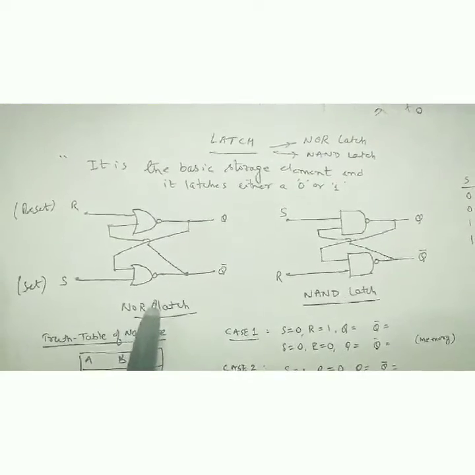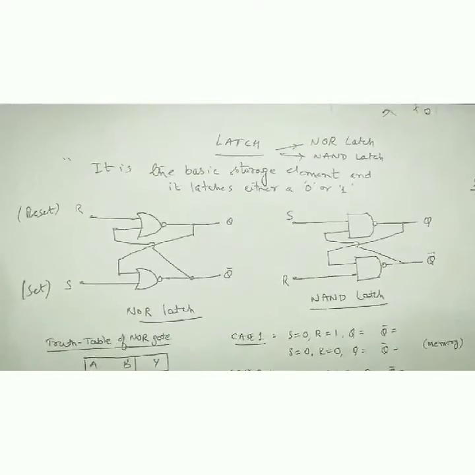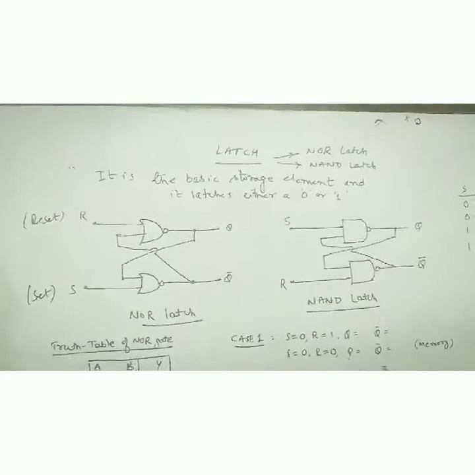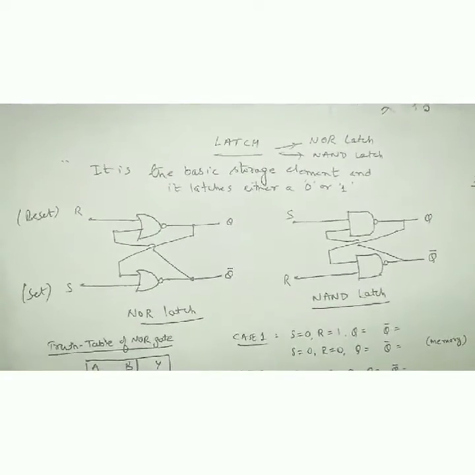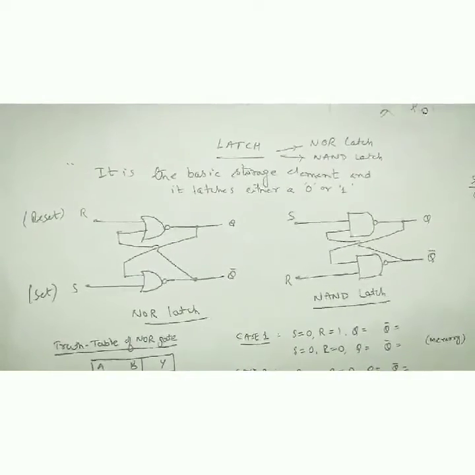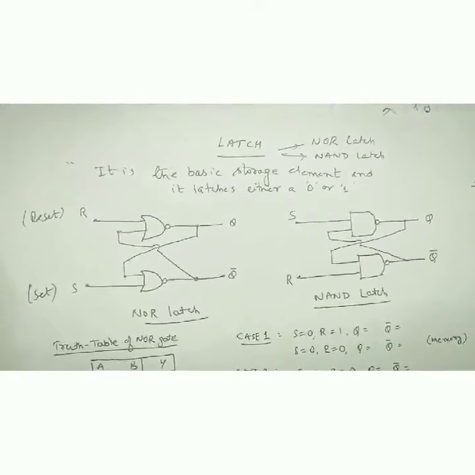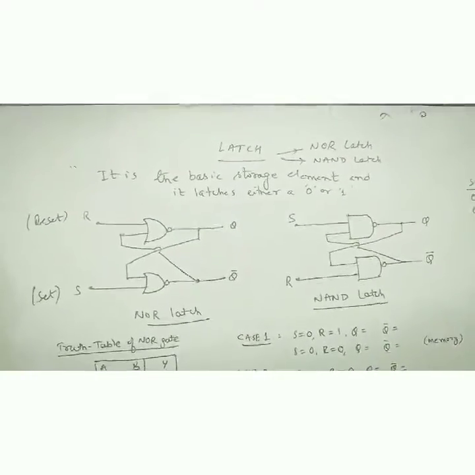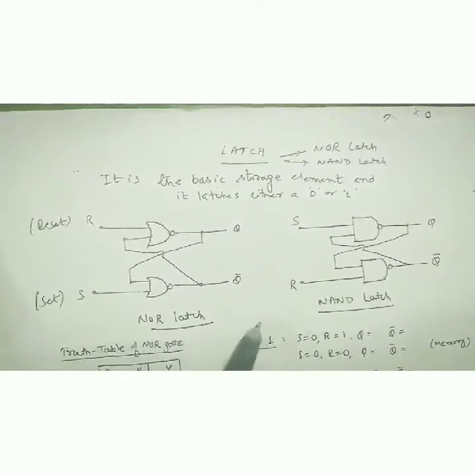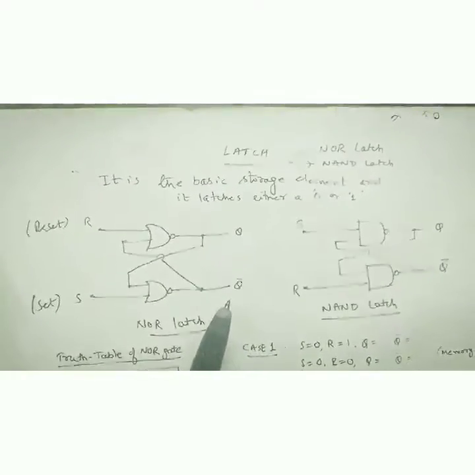This is the main drawback, and this is the only disadvantage, because of the way these two circuits are connected, this might change the way data is stored in the outputs, either intentionally, or accidentally as a result of other circuits being connected to these NOR or NAND latches. As a result, the data gets changed.